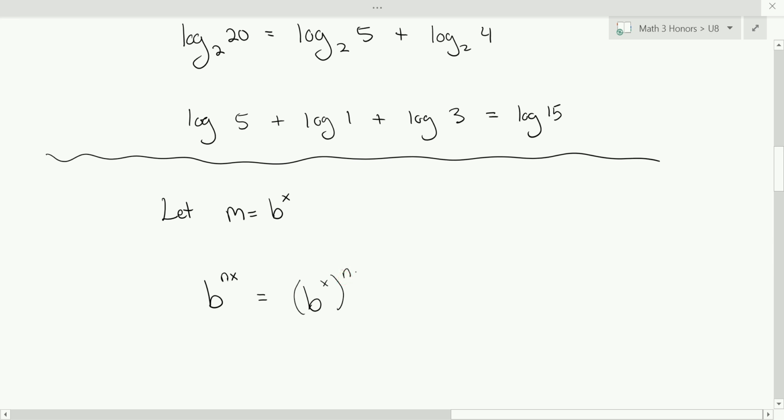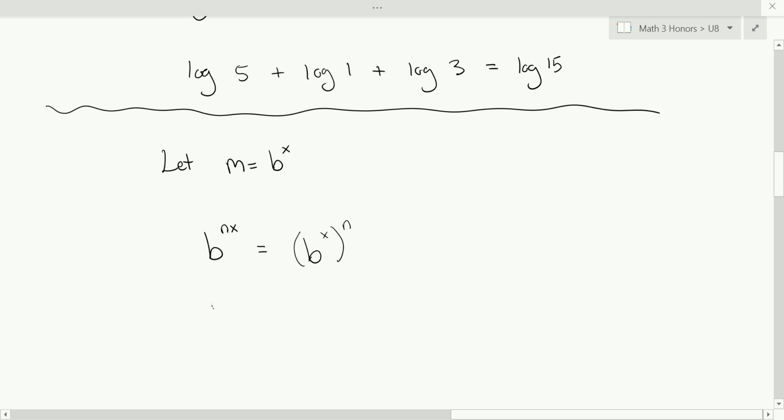Because we know that if you have a power of a power, you can multiply them together. Right? That's a rule that we've used. And because m is b to the x, I'm going to replace b to the x with an m. And I get b to the power of nx is equal to m to the power of n.